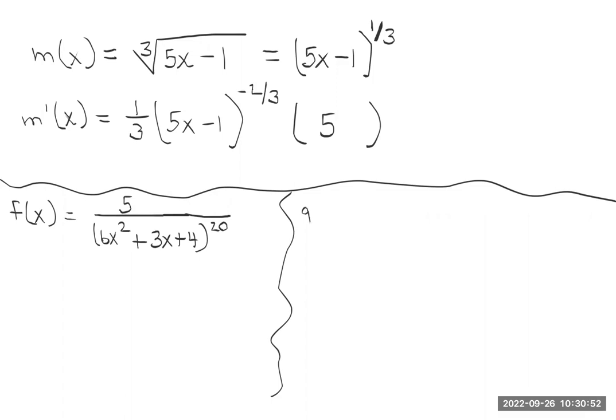And then we're going to let g of x be 1 over the square root of 6x cubed minus 4x.